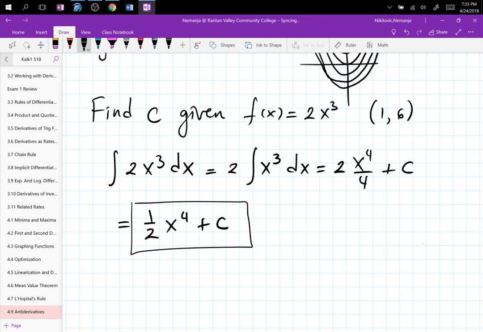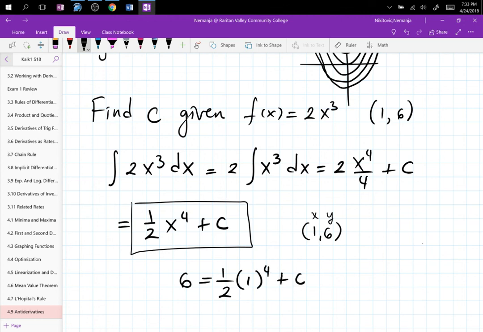So what I do is I take this, and I also have (1, 6). So you know that this is x and this is y, right? And this is a function. So you will set everything equal to 6. You have 1/2, and then you have 1 to the 4th power plus c.